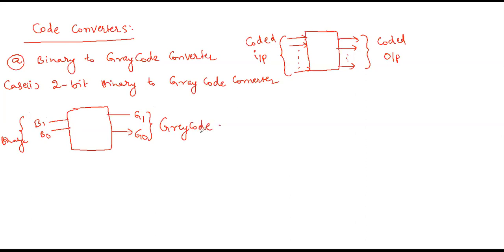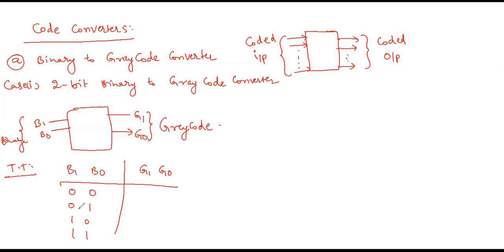Now, to design anything, follow the design procedure. The first step is the truth table: B1, B0, G1, G0. With 2 inputs, we will get 4 combinations.